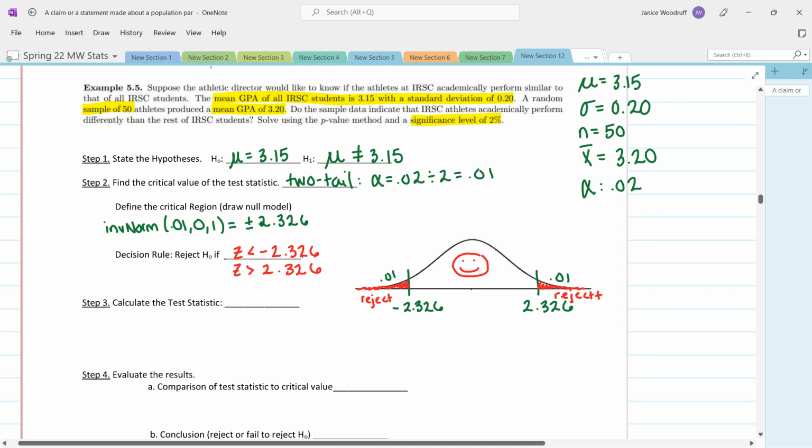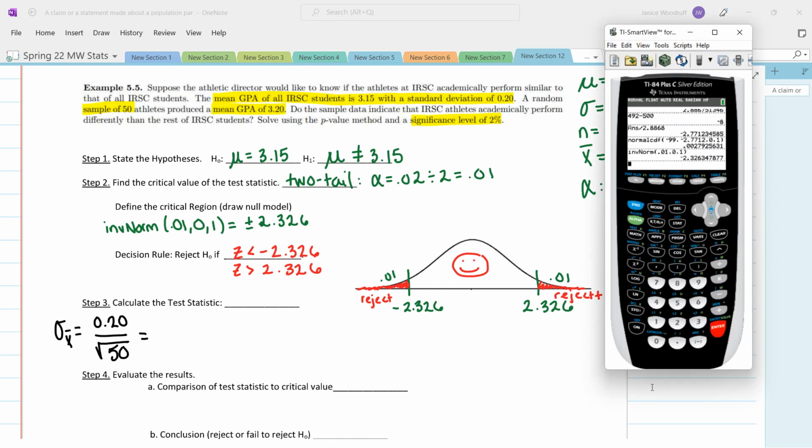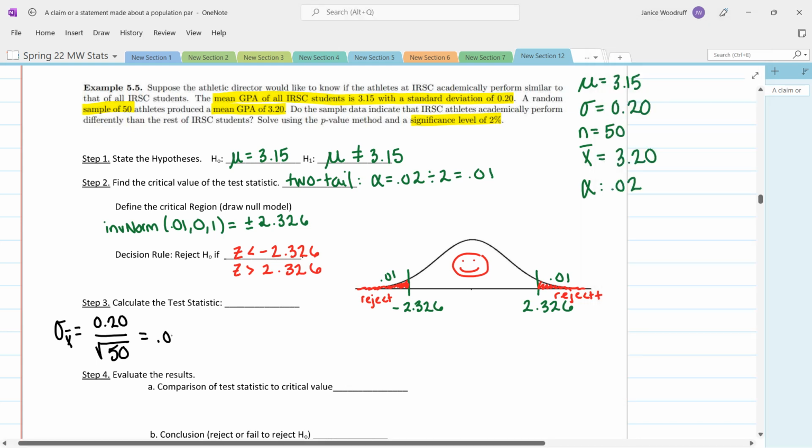Okay, so let's calculate. We're going to start with the standard deviation of x bar. So that'll be the standard deviation of the population, 0.20, over the square root of the sample size, 50. Okay, so that gives us 0.0283. Then we'll find the z value.